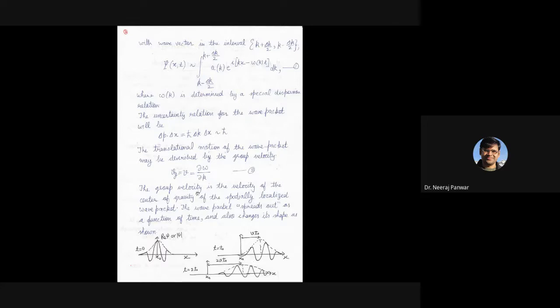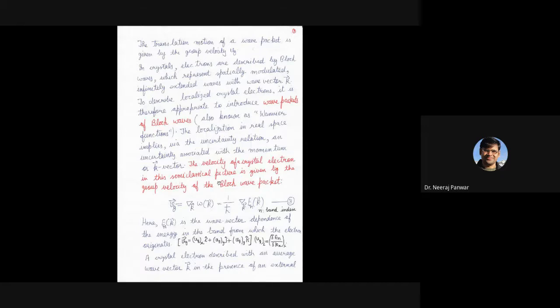The group velocity is the velocity of the center of gravity of a spatially localized wave packet. The wave packet spreads out as a function of time and also changes its shape, as has been discussed. The translation motion of a wave packet is given by the group velocity Vg.